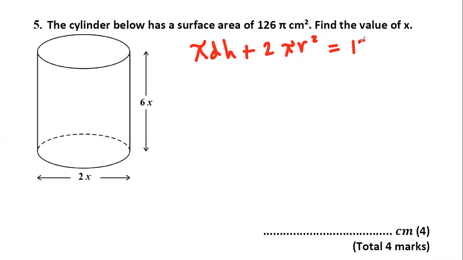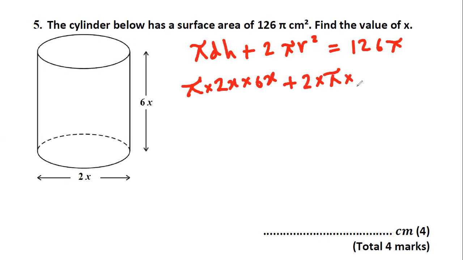This will equal 126 pi. Okay, and what is the diameter of this? The diameter of this one is 2x. So we'll write pi times 2x times 6x, which is the height, plus I will write 2 times pi times r squared.